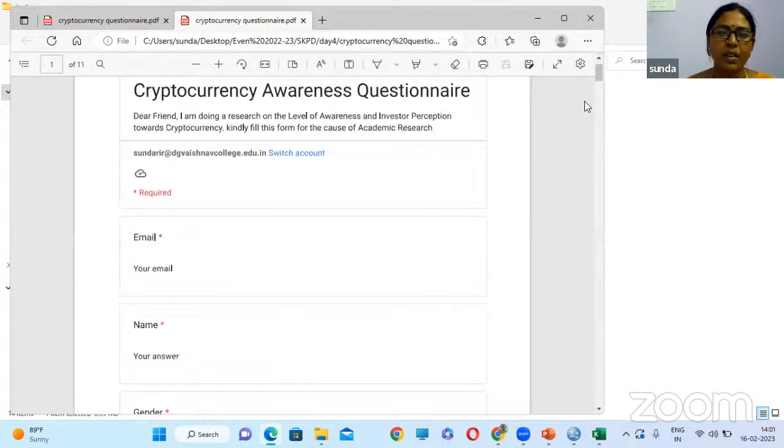And when you are framing your questionnaire, also ensure that you are covering all possible ways of questionnaire circulation.